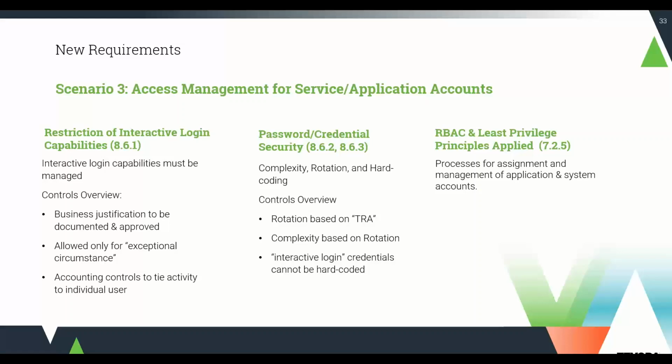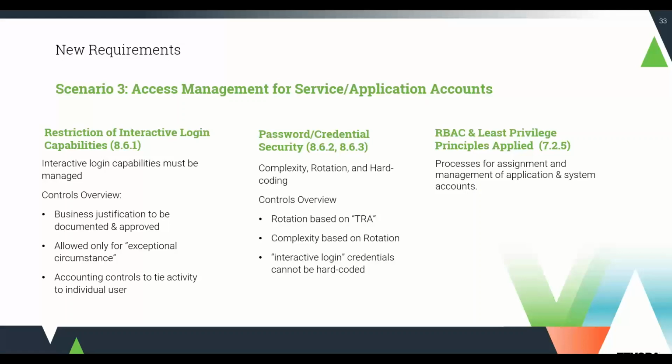The next area of controls that we'd have to consider for our service and application accounts is the password and credential security, particularly those around complexity, rotation, and hard coding. For the rotation requirements, fortunately, due to the difficulty of rotating service and application account credentials, the rotation can be based on a targeted risk analysis.